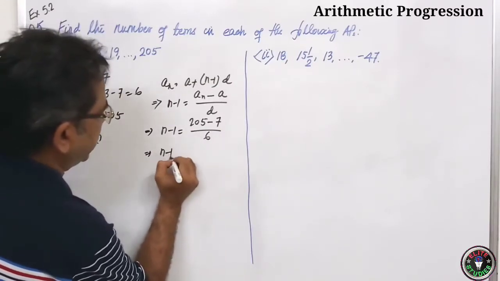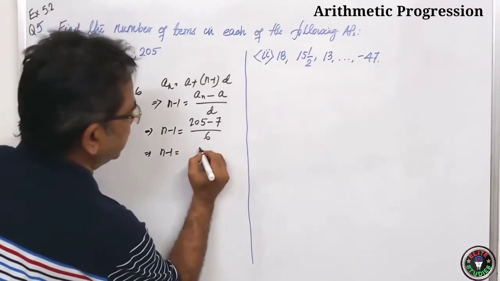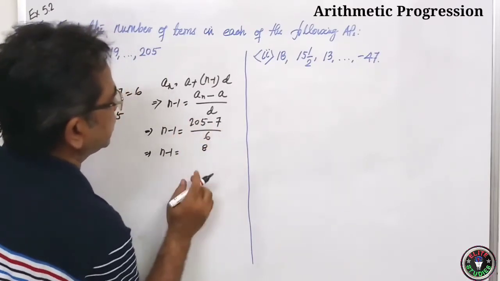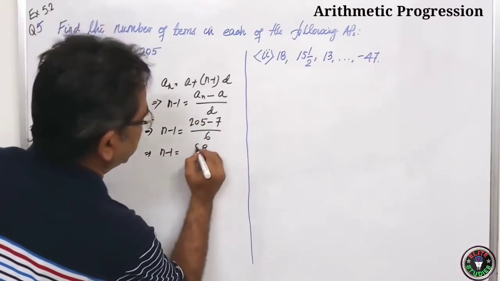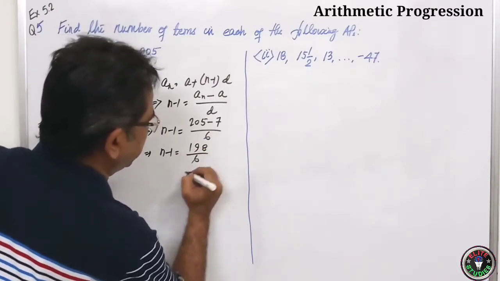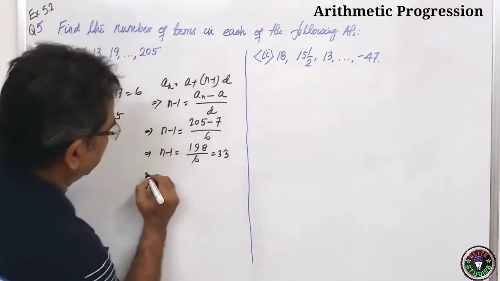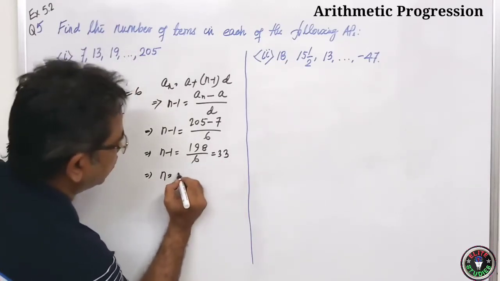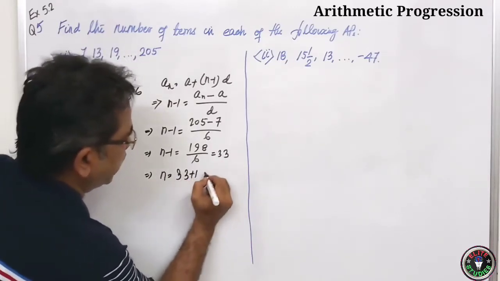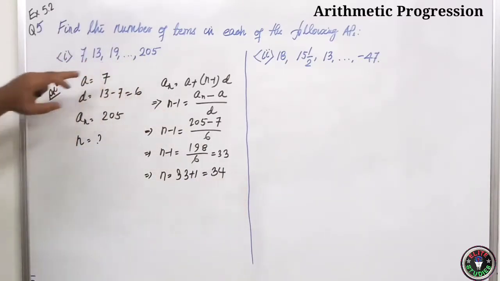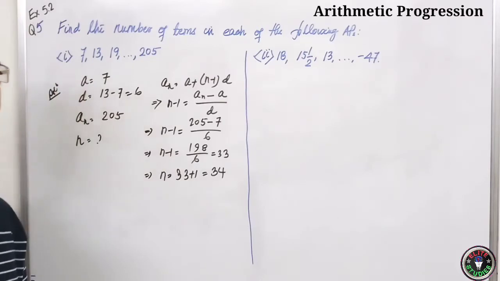So n minus 1 is equal to 198 by 6. 6 threes are 18, so it gives n minus 1 is 33, so n is equal to 33 plus 1 is equal to 34. So there are 34 terms in this AP.